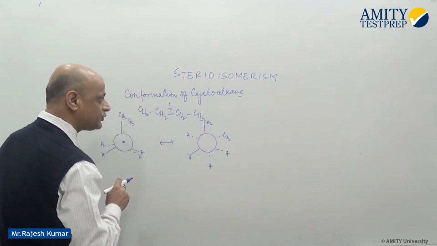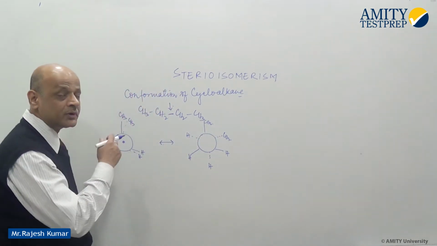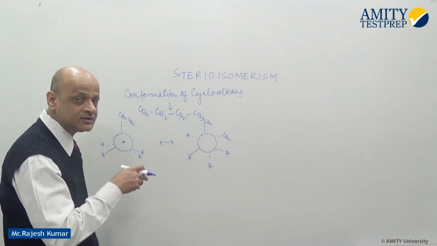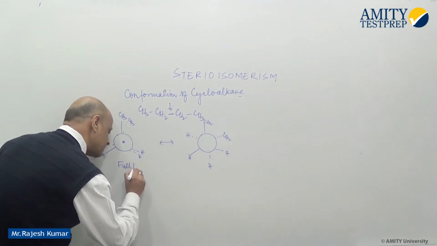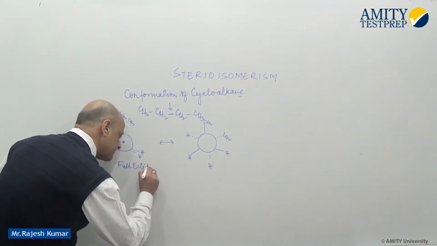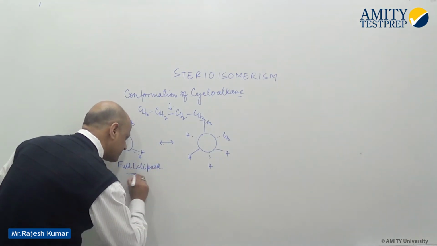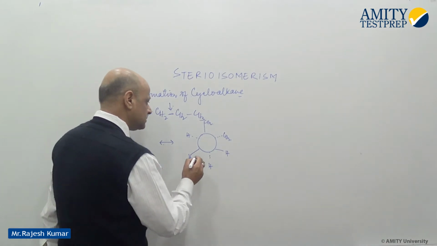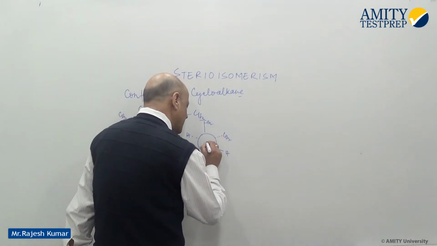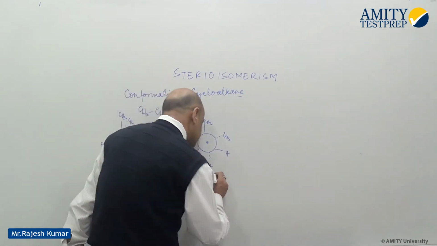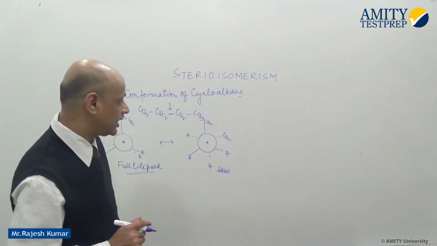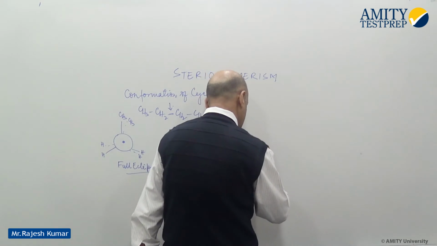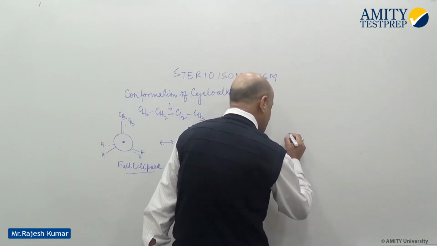The initial stage, where both bulky groups are superimposed or nearest to each other, is called the full eclipse condition. Now, both bulky groups are a little away from each other. This is called the skew form. Still the repulsive interaction is going on.